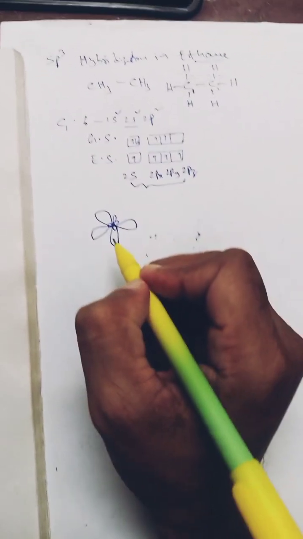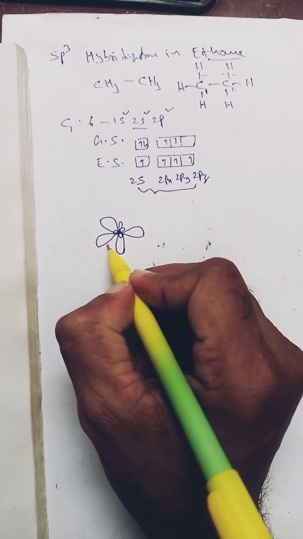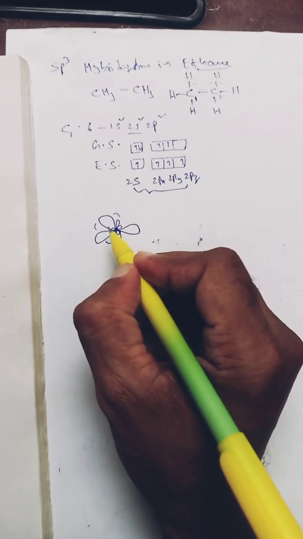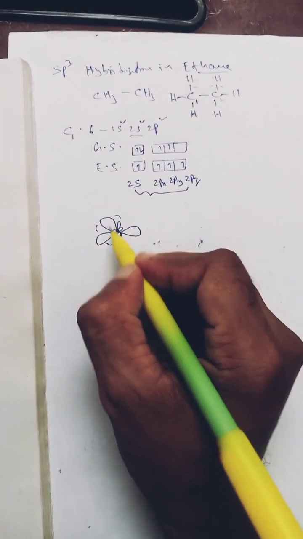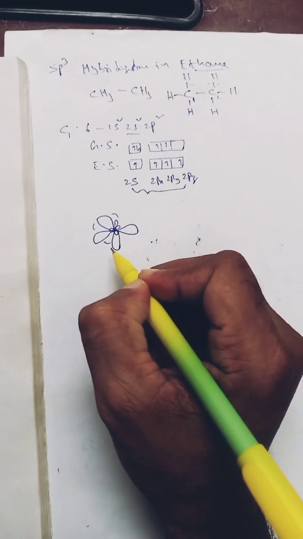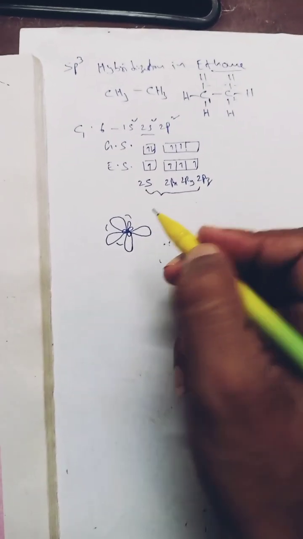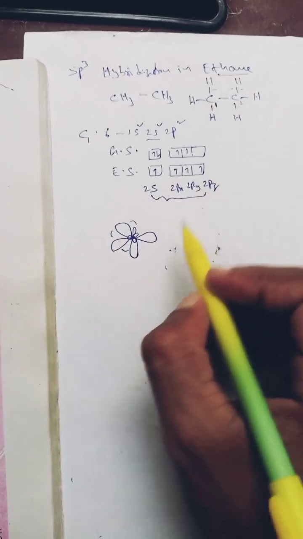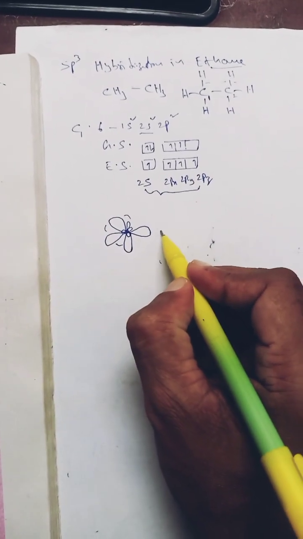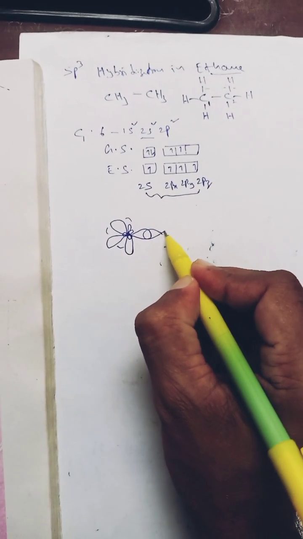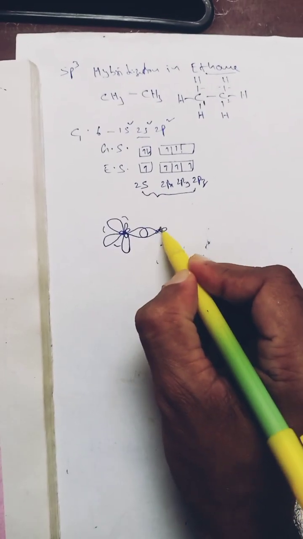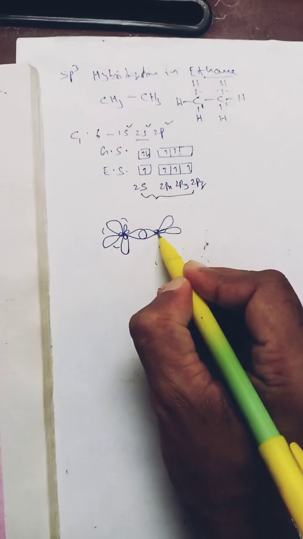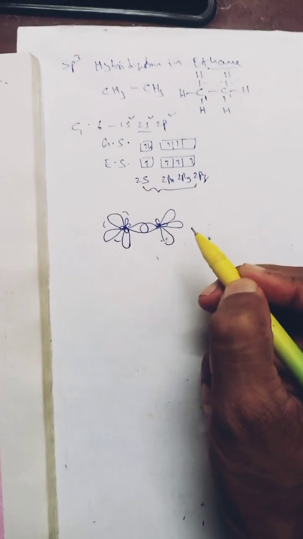Everything is tetrahedral geometry, all the angles are the same. Generally, this is above the plane, this is on the plane, this is below the plane, like that I will write the structure. For this carbon also, 4 new orbitals will form, and they will be arranged like this.